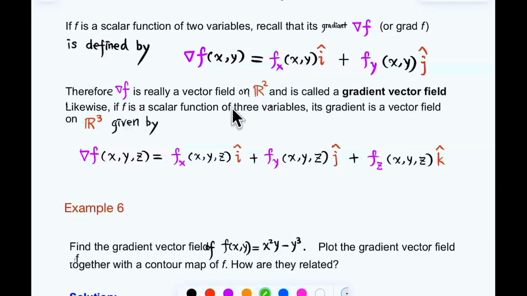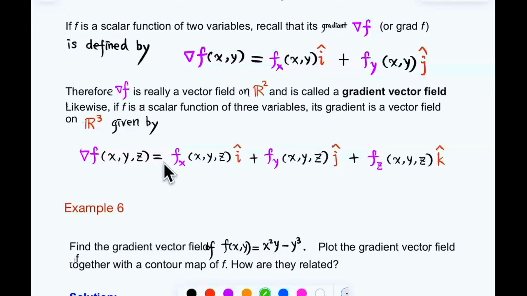Okay? And if the small f here is a scalar function of three variables, then the gradient will be a vector field in V3, right? So it has three components right here. Okay. The gradient of a scalar function in two variables is a vector field in V2.